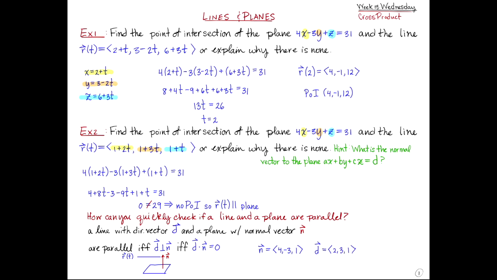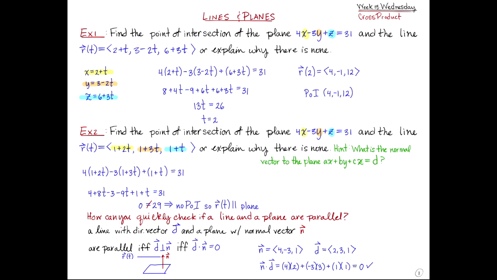Taking the dot product between the normal vector and the direction vector, we get that this is equal to 4 times 2 plus -3 times 3 plus 1 times 1, giving us 8 minus 9 plus 1, which is 0. Since we can so easily check, we can do the dot product in our head.